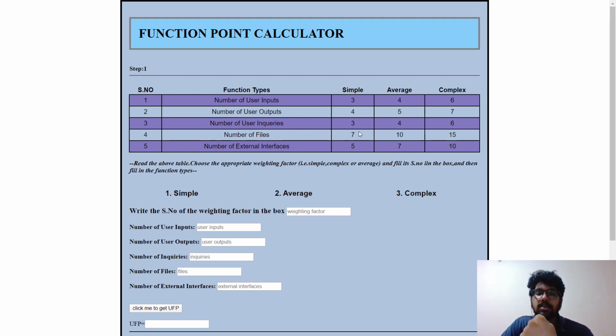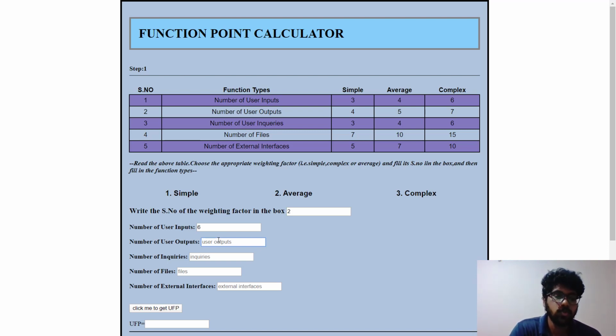As we know, there are different types of weighting factors which we can give. Let us assume for now an average weighting factor, so I'm going to enter 2 over here. And then let's assume for the software project which we are doing, there are a lot of user inputs, for example 6, and generally the outputs are quite low for software projects.